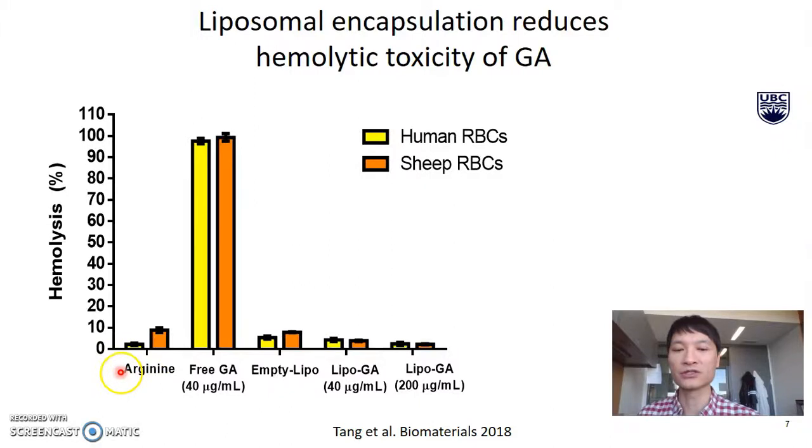In this case, we have arginine, which is the solubilizing vehicle for gambogic acid in the clinical trials. And we have free GA, that is GA dissolved in the arginine-based water vehicle. And we have empty liposome, liposome GA at low concentration, and liposome GA at the high concentration. Again, you can appreciate that the free drug is really toxic, inducing significant hemolysis. But once we formulate the drug into our liposomes, you don't see this kind of toxicity anymore.